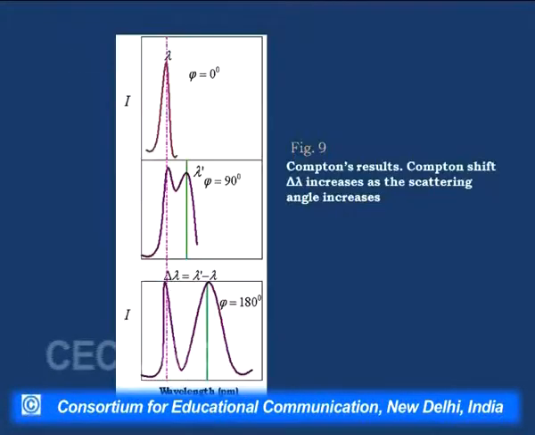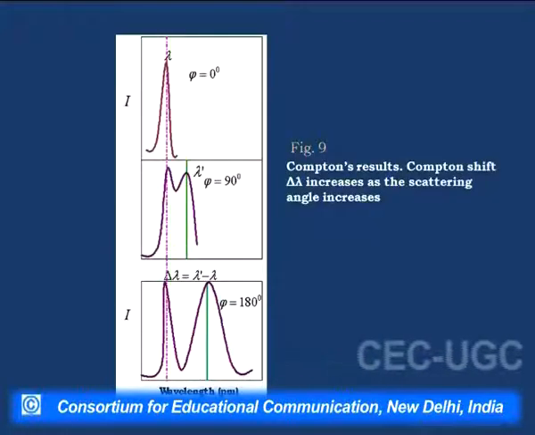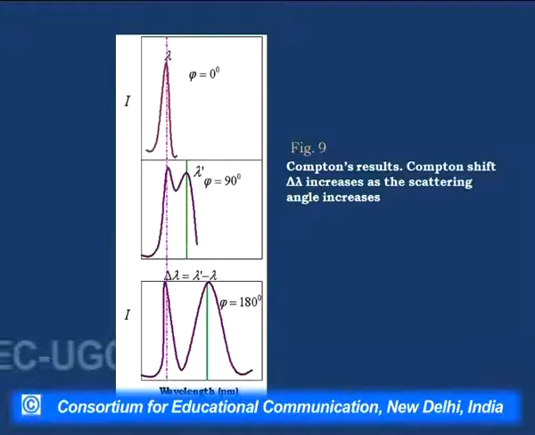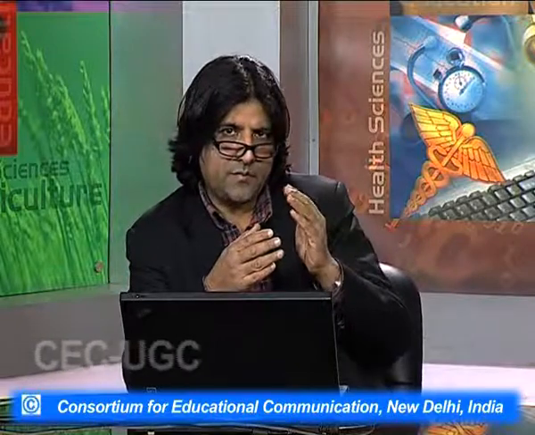So, let us first try to explain this lambda peak or this lambda dash with the help of wave theory. Now, what we have in this carbon target, we have atoms, and we are considering this light which is coming as an electromagnetic wave. As we have seen previously, it has an electric field.